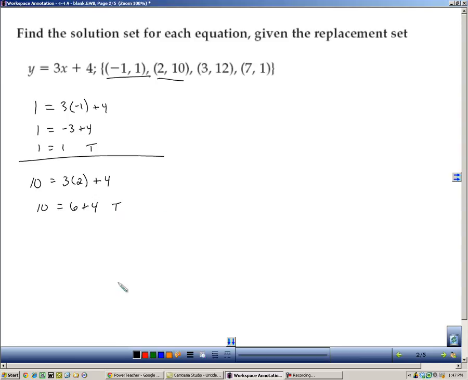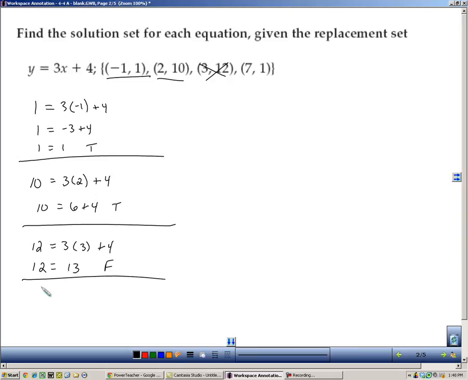So this one works. Now 3 and 12, 12 for the y, 3 for the x. 3 times 3 is 9, 9 plus 4, 13. And that's false. So this one we can cross off.